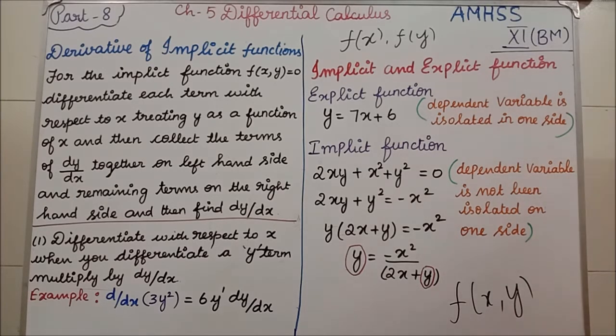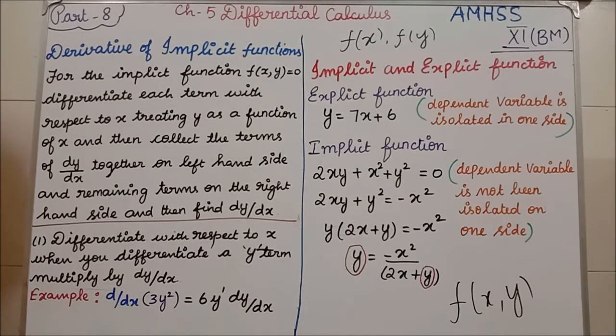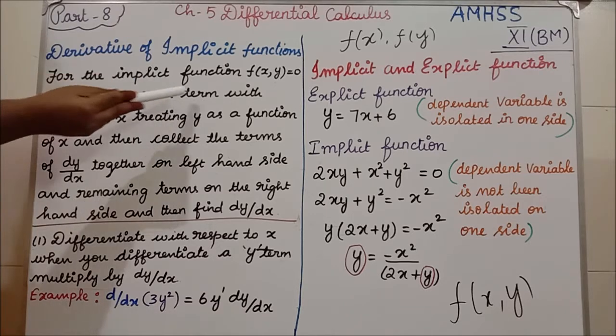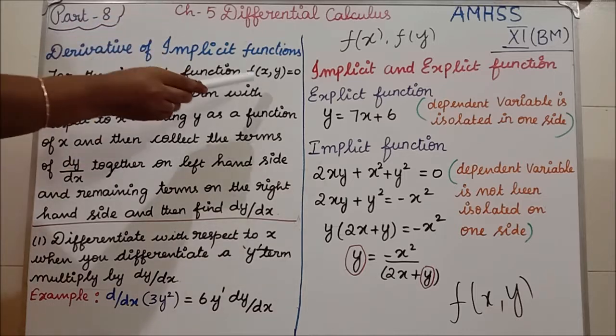Shall we now see the derivative of implicit function definition? This is the definition, for the implicit function f of x comma y equal to 0. Implicit function means we have to differentiate both x as well as y. Differentiate each term with respect to x.